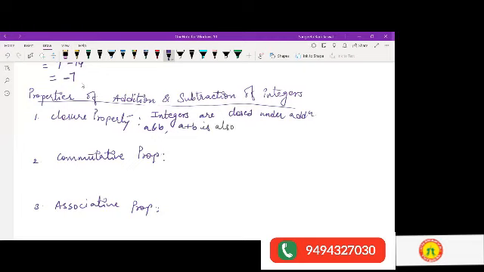If a and b are integers, then a plus b is also an integer.